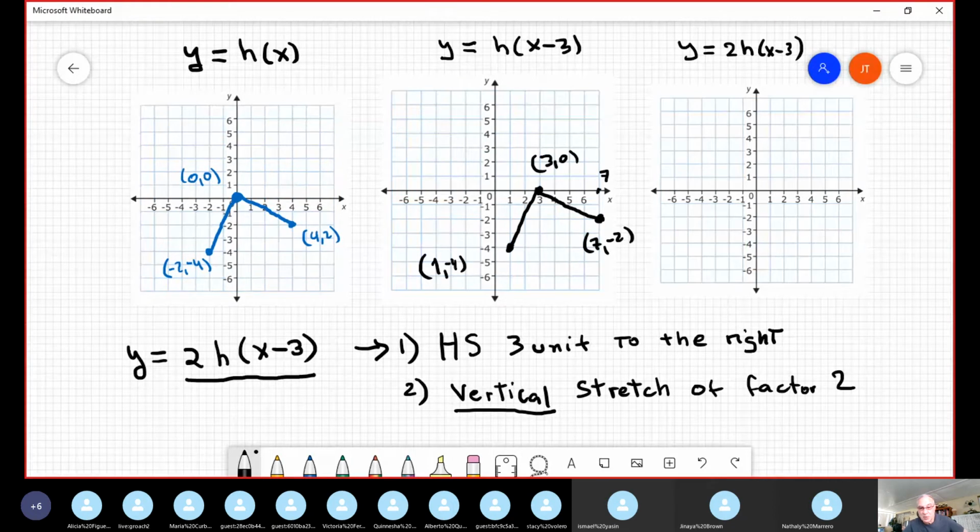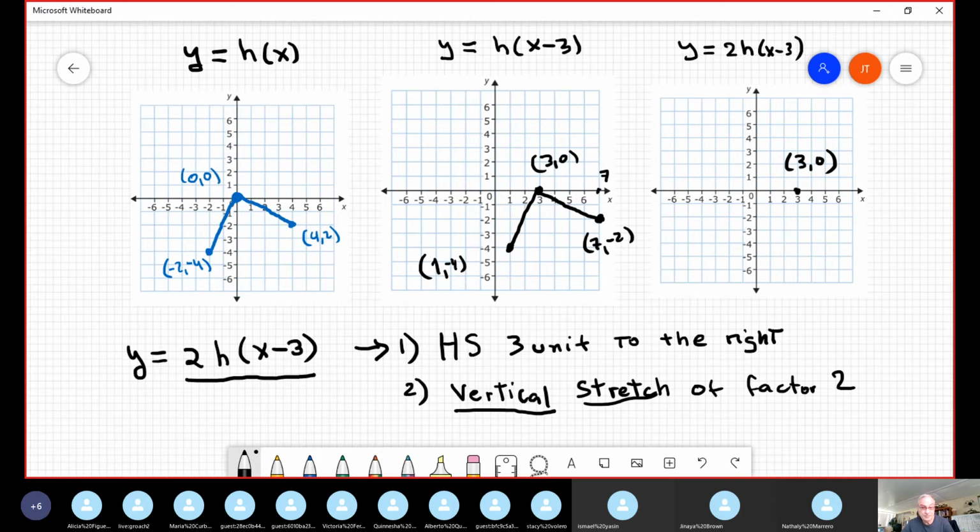How do you know when you multiply y or x? Depends. If the factor is inside, multiply x. If the factor is outside, multiply y. So at this point, you multiply the y component by 2, and 0 times 2 is 0. And x stays the same because it's a vertical stretch.